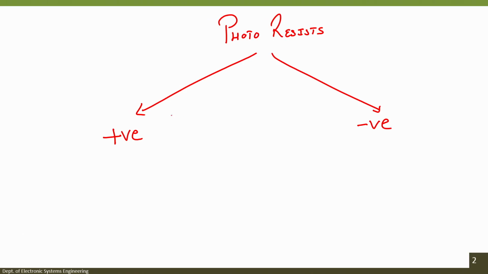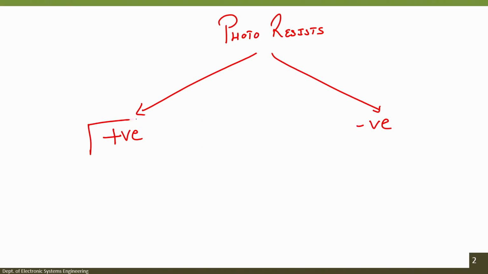Depending on the viscosity, there are different kinds: thick photoresist and thin photoresist. The same holds true for negative photoresist as well, thick and thin.